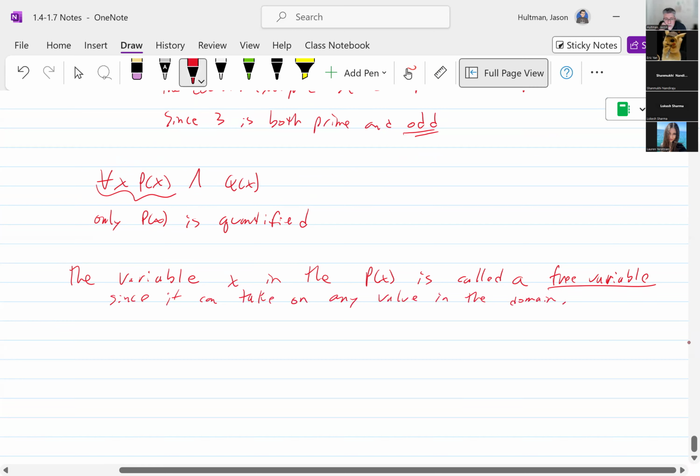So x is a free variable since it can take on any value in the domain.